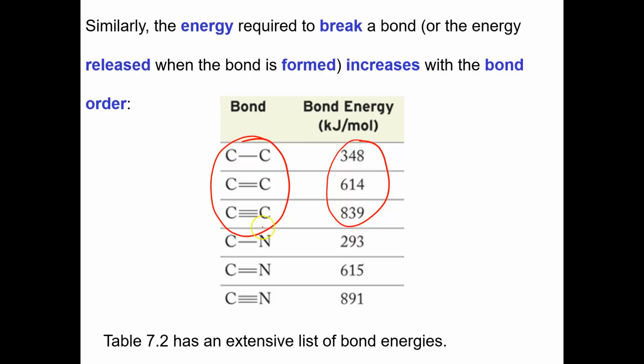And that applies to any pair of atoms. So whether it's carbon with carbon or carbon with nitrogen, as the bond order increases, the bond energy, that is the energy required to break the bond, goes up as well. And again, in table 7.2, you can find a big list of bond energies if you need that.